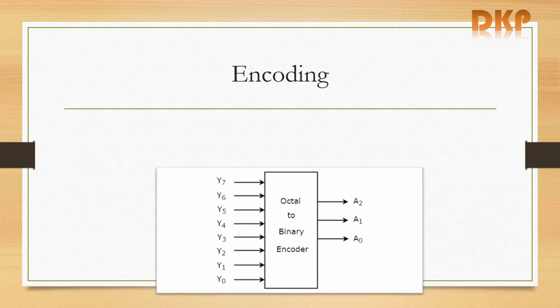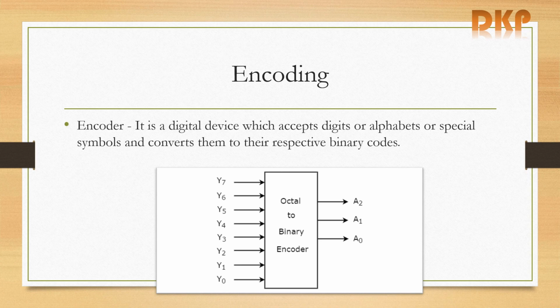Now let us see the next operation, that is encoding. What is encoding? It is the process of converting a number or symbol to some coded form. Encoder is a digital device that receives digits like decimal, octal, etc. or alphabets or special symbols, and it converts them to their respective binary codes.